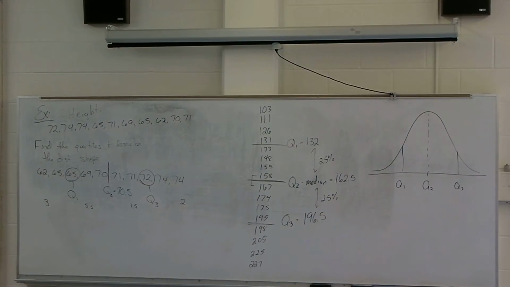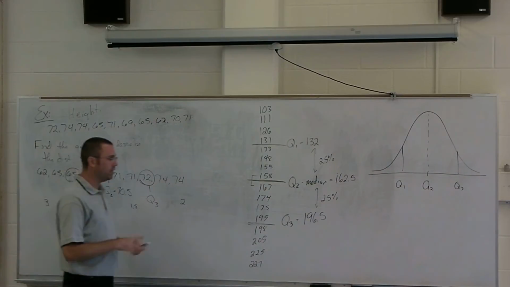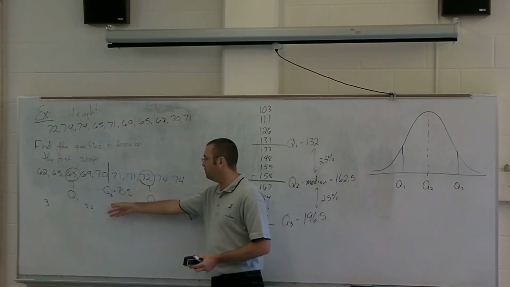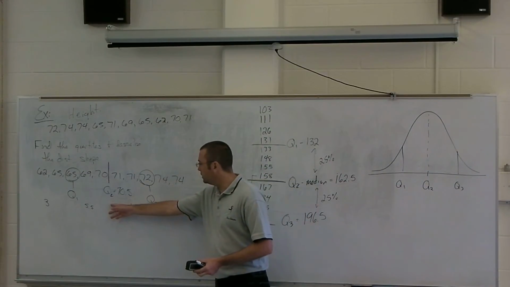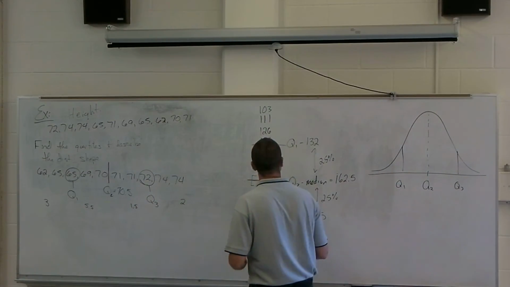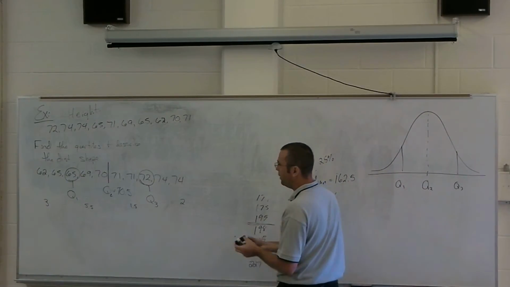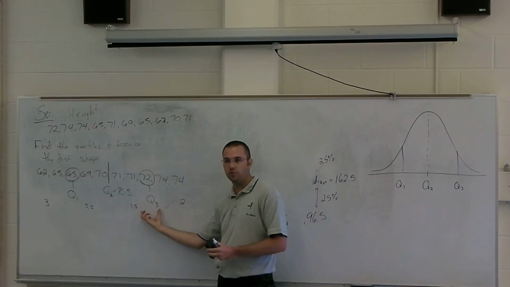Now, let's think about this in terms of percentages of data and where it shows up. 50% of my data is between 70.5 and 74 inches. That's a large percentage of my data in a very small, compact range.